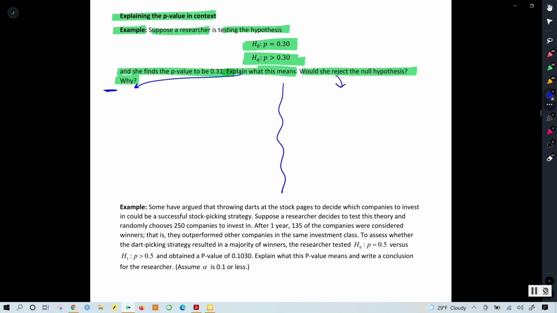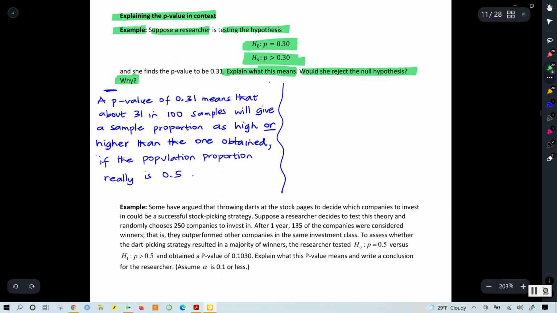To begin with, the p-value of 0.31 means the following. First of all, note that 0.31 translates to 31 out of 100.